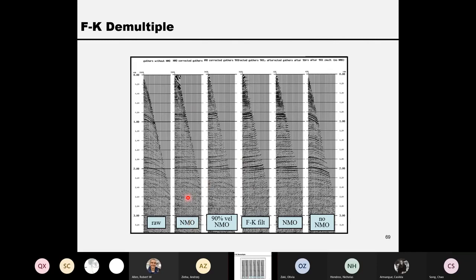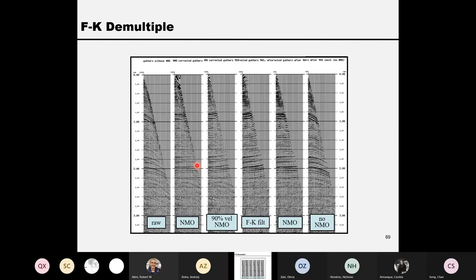Now, if you want to overcorrect this, overcorrection means you have a larger NMO correction. As I said, the hyperbolic curve has t squared on the left-hand side, and on the right-hand side t naught squared plus the NMO correction term. The NMO correction term is the ratio of offset over the velocity, squared.